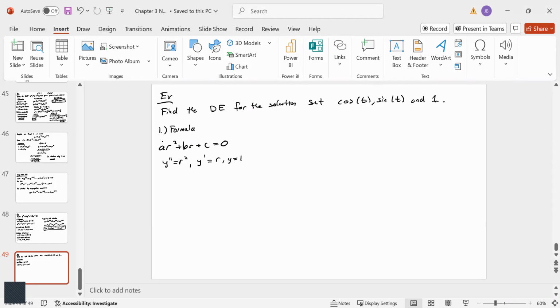I'm just giving myself something to think about here. And then, okay, now you got to reverse engineer. So step two is you want to construct a root for each of these, so find r for each solution.